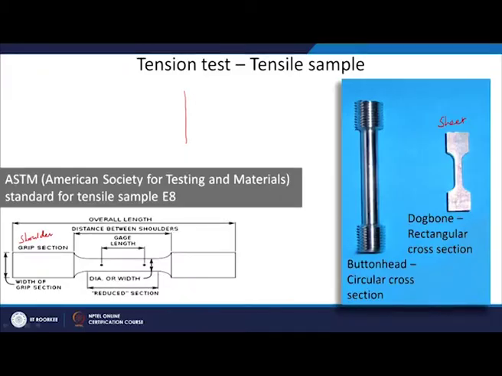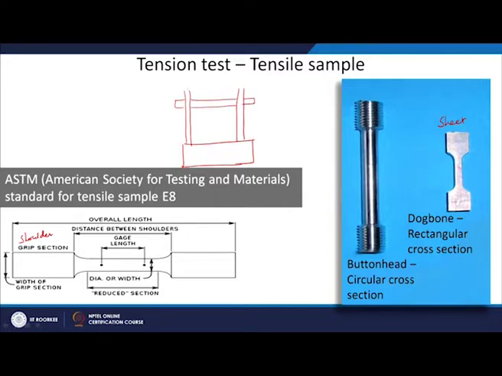If you look at a typical tensile test machine, you will have some support system mounted on a base here, and then a unit called the cross head.